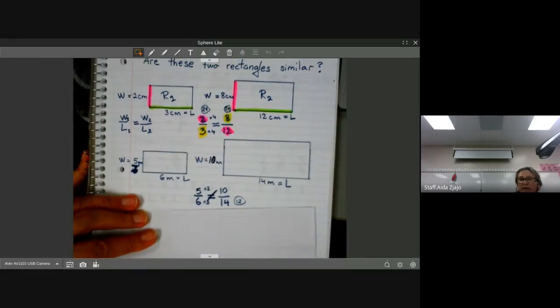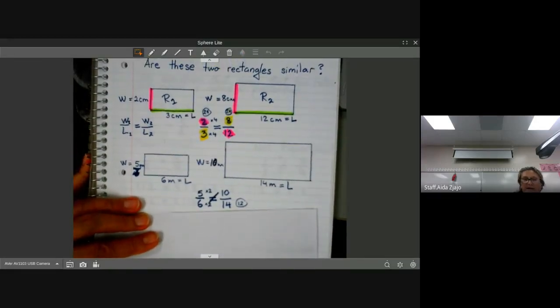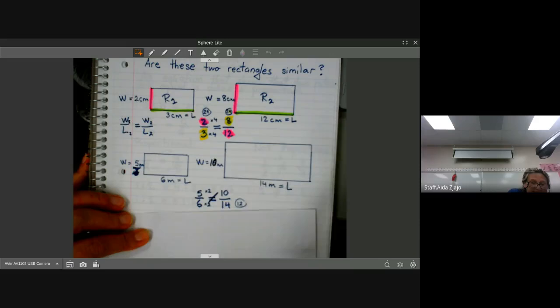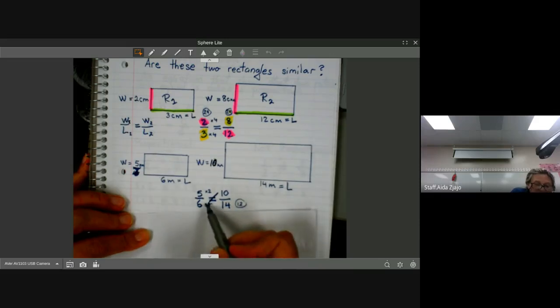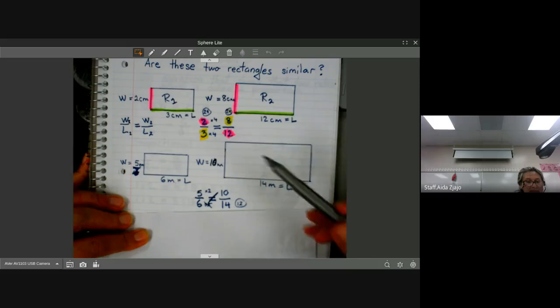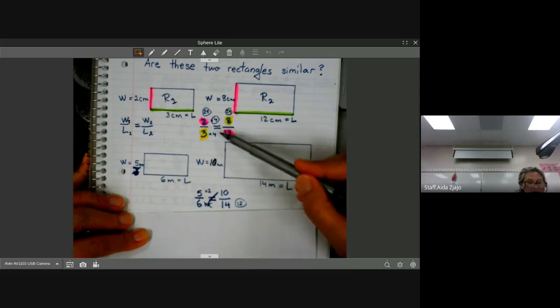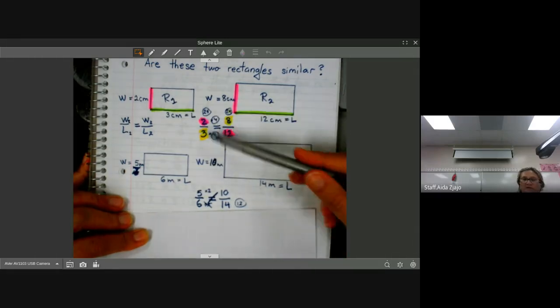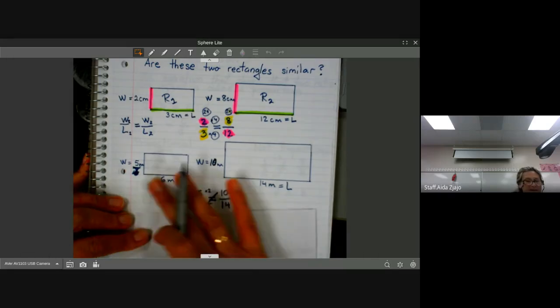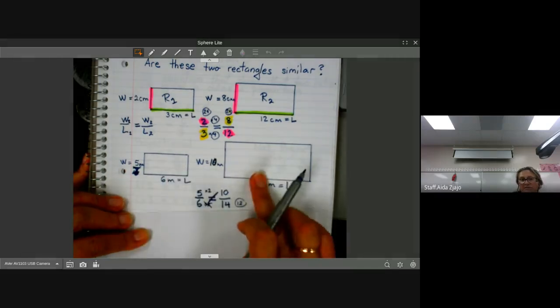They're not similar rectangles because they don't grow by the same number. So 2 doesn't work here, while here I have a 4 and I have 4, so the first rectangle is similar to the second, and this one is not similar to the next one.